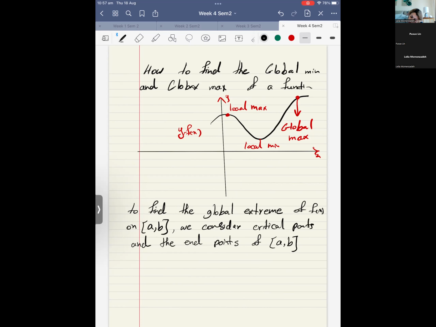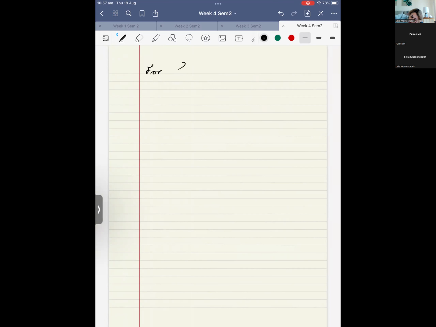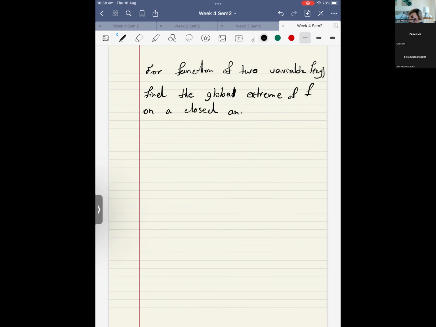This means for a function of two variables, f(x, y), we should find the global extreme of f on a closed and bounded domain D in R squared.